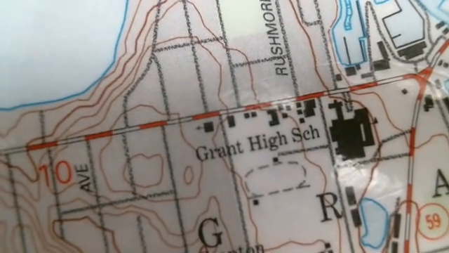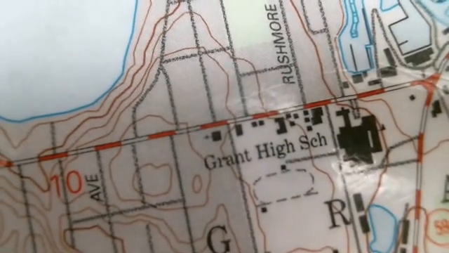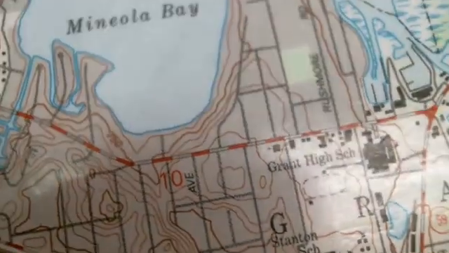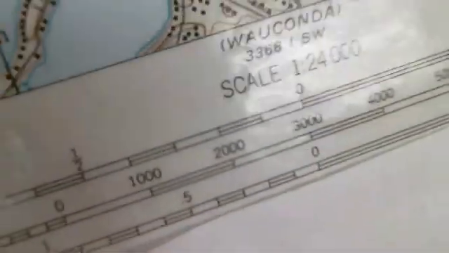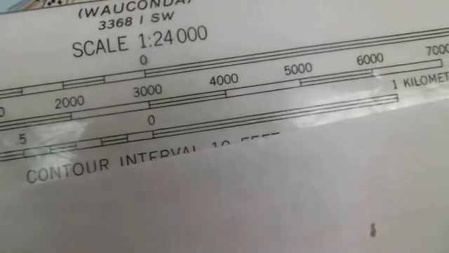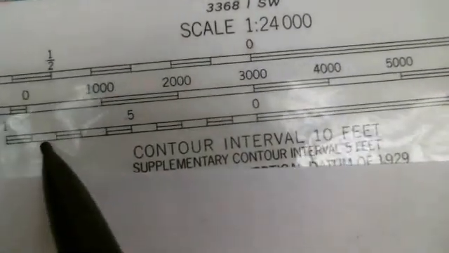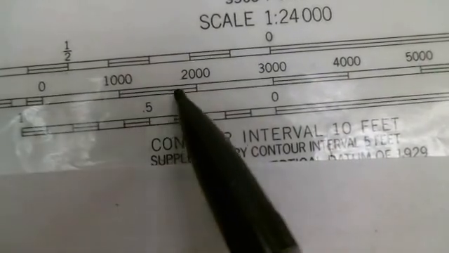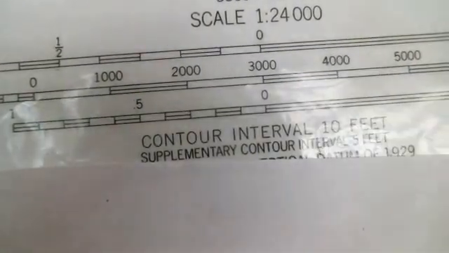Number 17, how far is it in feet from Johnsburg High School to Johnsburg Middle School? Okay, so we have to go down here to the scale, and down here at the scale we have a measure in feet. Here we have 0, 1,000, 2,000, 3,000, 4,000.